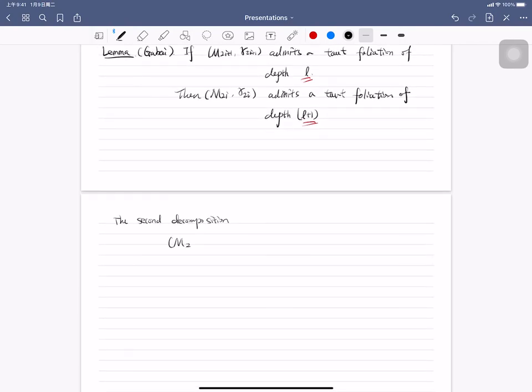Right, so we got M_{2i+1}, gamma_{2i+1}, and decompose along some surface S_{2i+1} to get M_{2i+2}, gamma_{2i+2}. And this decomposition does not change the sutured Floer homology.